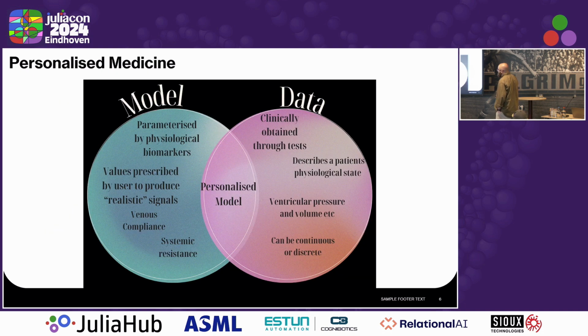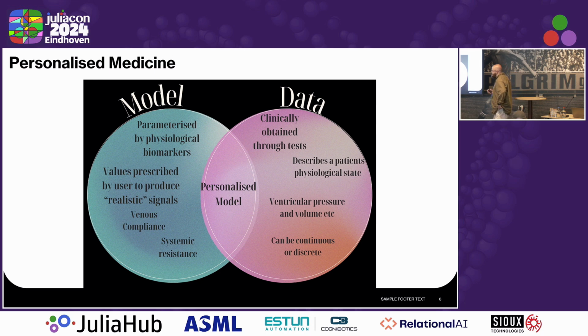So what do we mean, I think, first by personalised medicine? It's about the combination of both model and data. You've got to say, okay, is the model parameterized by these biomarkers? Are the values realistic? And the model gives you something back. And what does it give you?